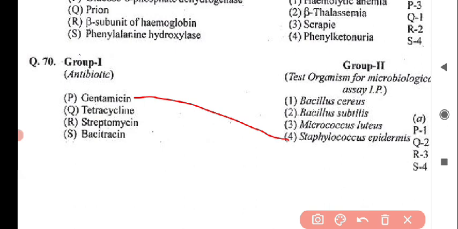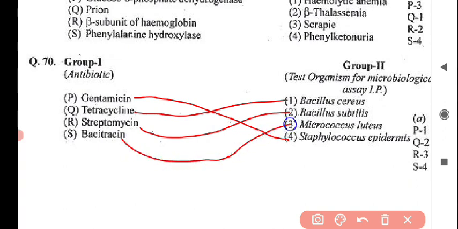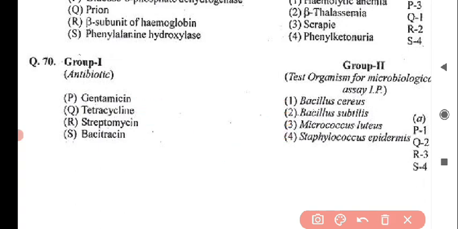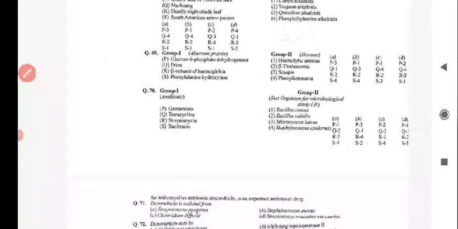For the second drug, tetracycline, the correct answer is option number 1, that is Bacillus cereus. For the third option, streptomycin, the correct answer is option number 2, that is Bacillus subtilis. And for the option number S, bacitracin, the correct answer is option number 3, that is Micrococcus luteus. So for this question, the correct answer is option number D.